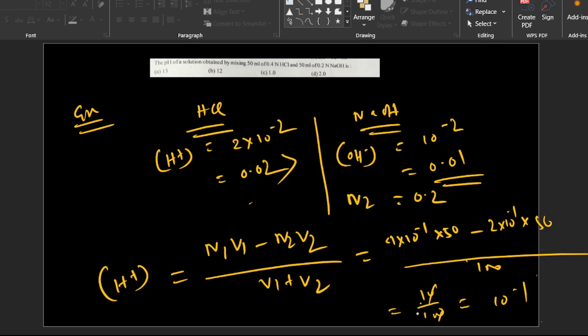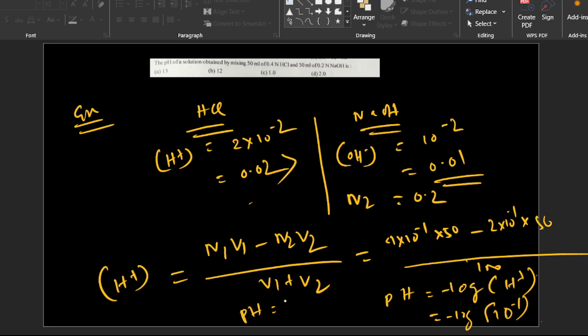So pH is the negative logarithm of the H plus concentration. The H plus concentration we get is 10 raised to minus 1. So pH is equal to 1. So option C is correct.